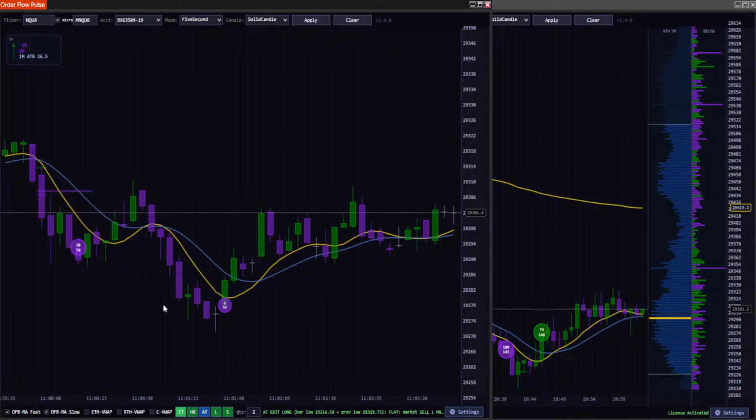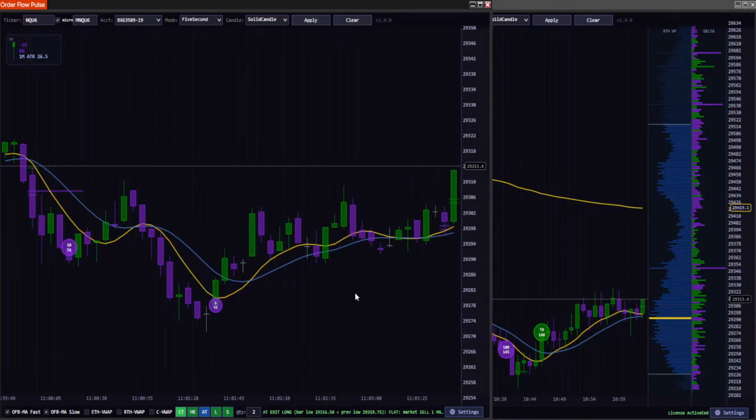Now on the auto trader, I do have the micro tick, so I'm trading the micros on like two contracts.